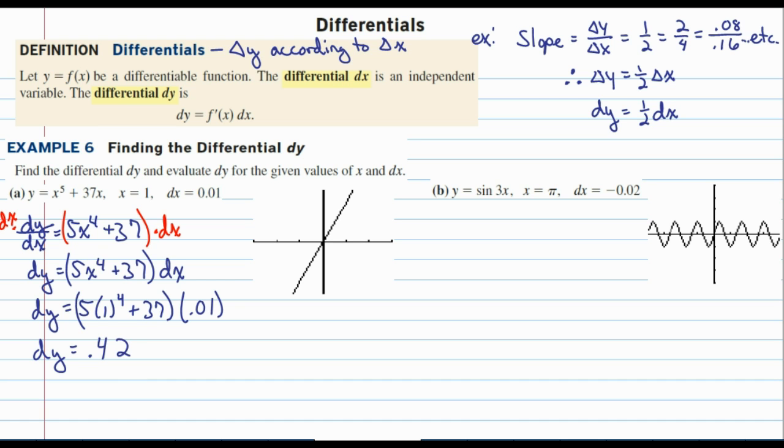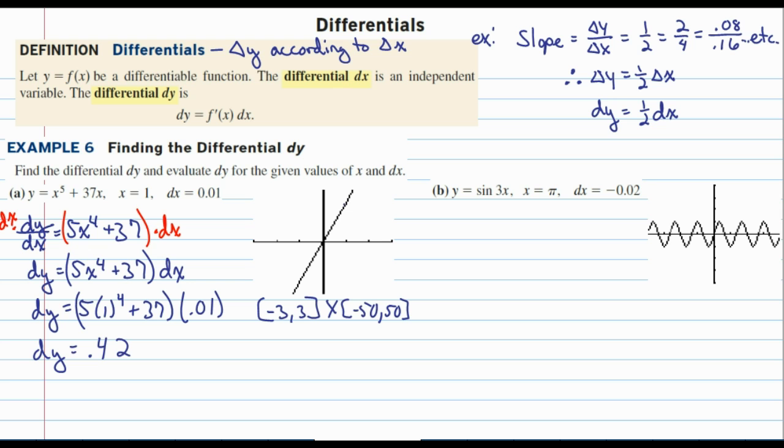As you may have predicted, the differential is 0.42. Meaning if x changes by 1, y changes by 42. So if x changes by 0.01, dy changes by 0.42. This is the graph of x^5 + 37x.